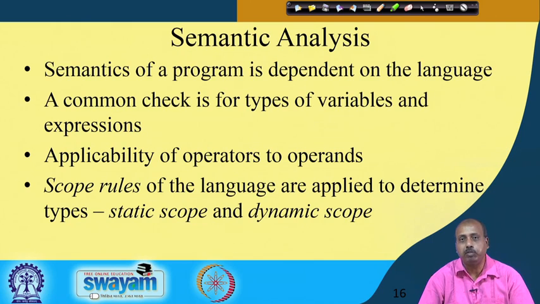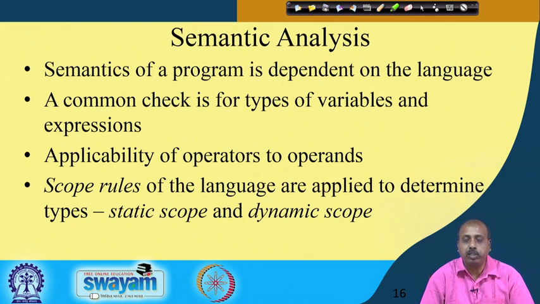Whatever input you are taking, the program is transforming the input to some output. So, in some sense the program is a function, and that function is specified by means of the program statements. The function that we are talking about is the semantics of the program, that is, the meaning of the program. The meaning of the program is the function that it is executing, that it is representing.